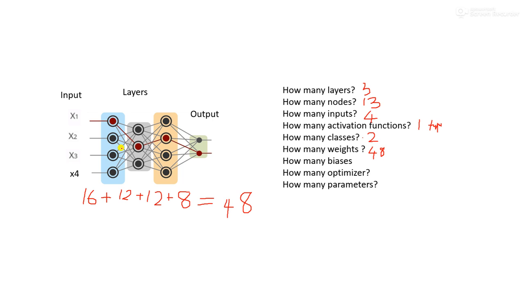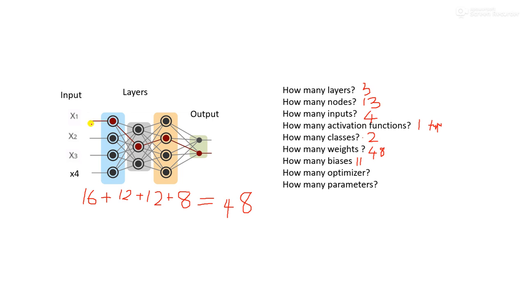So how many bias? 1, 2, 3, 4, 5, 6, 7, 8, 9, 10, 11. Because every node has one bias. Every path has a weight.